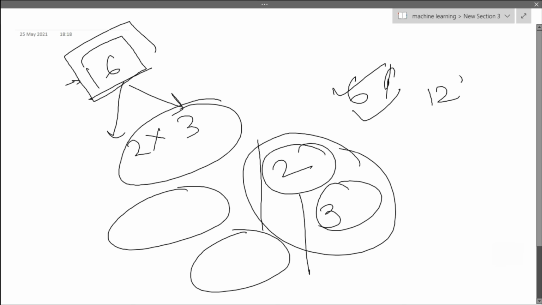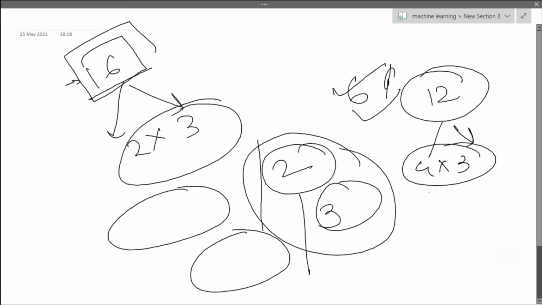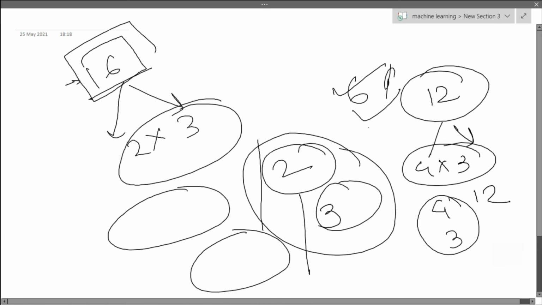Take another composite number 12. Break it into two parts, 4 into 3. If any number is divisible by 4 and 3, then it will also be divisible by 12. This is the rule for divisibility of any composite number.